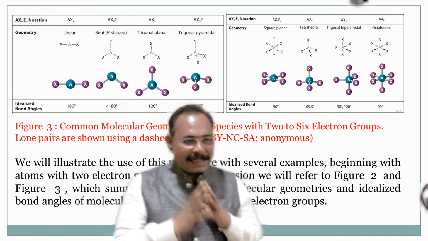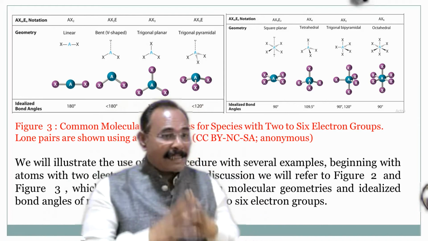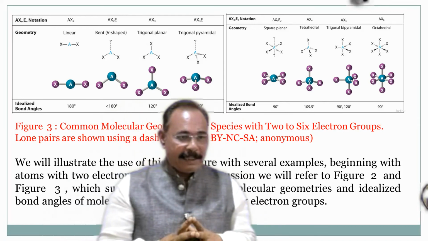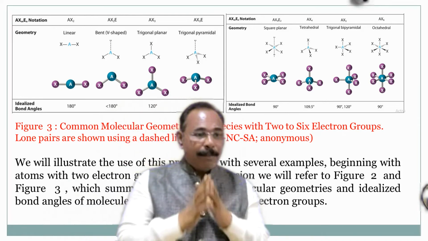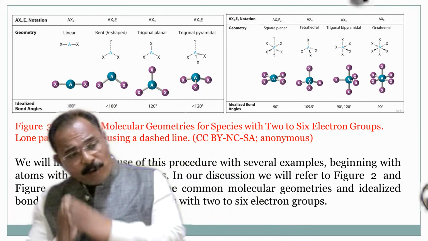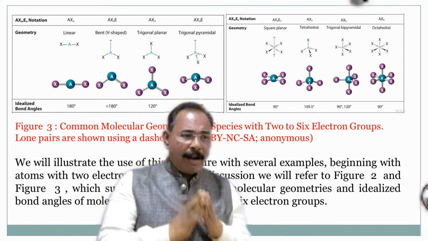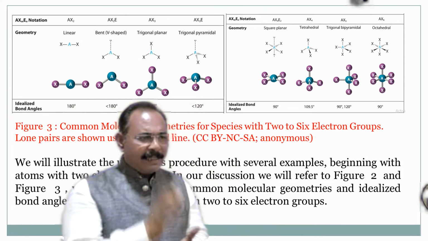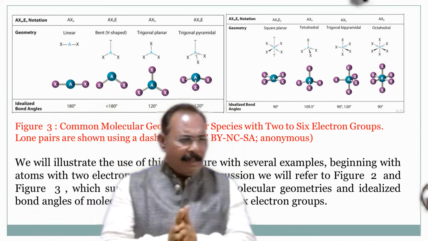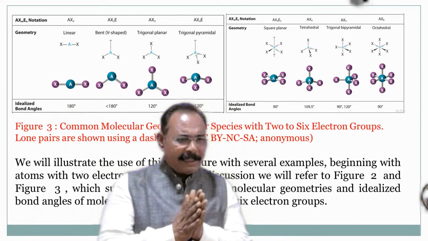Using this information, we can describe the molecular geometry, the arrangement of the bonded atoms in a molecule or polyatomic ion. And you can see here again the various shapes and their geometries.